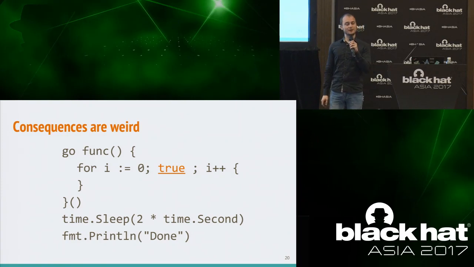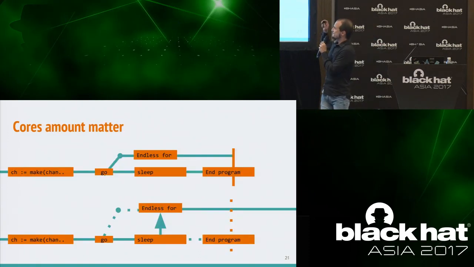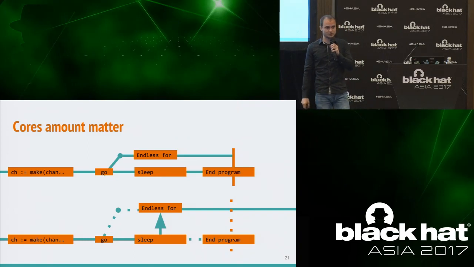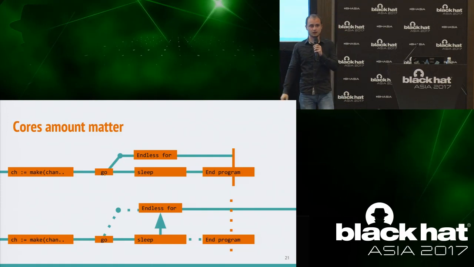Well, it depends on the number of cores that you have on your computer. Which is even weirder, because when a goroutine is spawned, if you have another logical processor ready to get started and execute that, it's going to happen. So if you have two different processors, you get the runtime to execute both branches, which means when the sleep is encountered by the main goroutine, it will sleep.